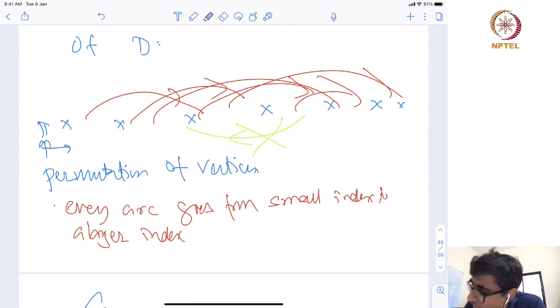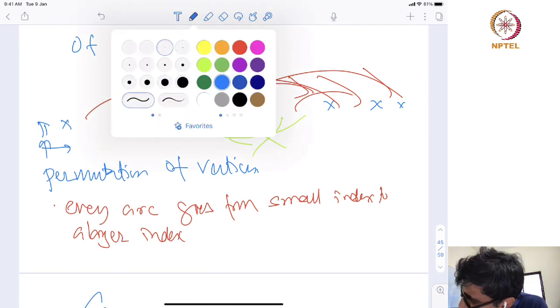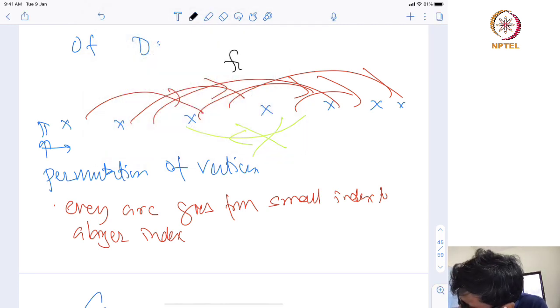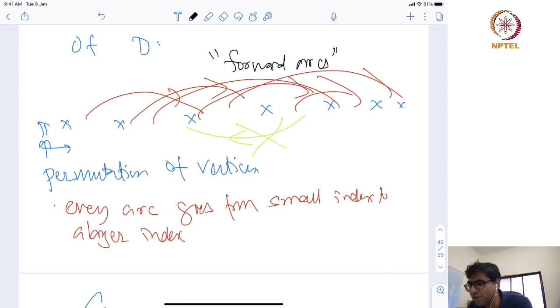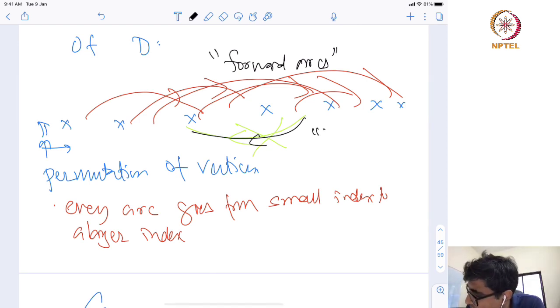These arcs are also called forward arcs. But if I give you a normal digraph, then it cannot have an ordering in which every arc is forward. Some of the arcs may go from higher to lower, and these are called backward arcs.